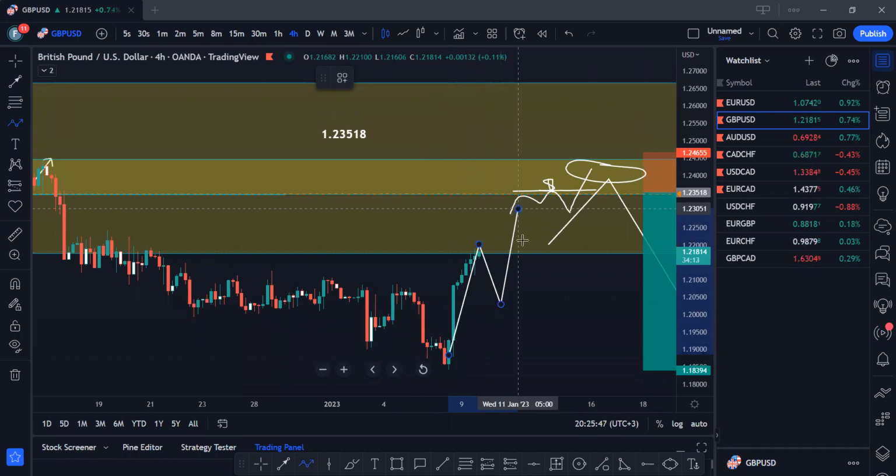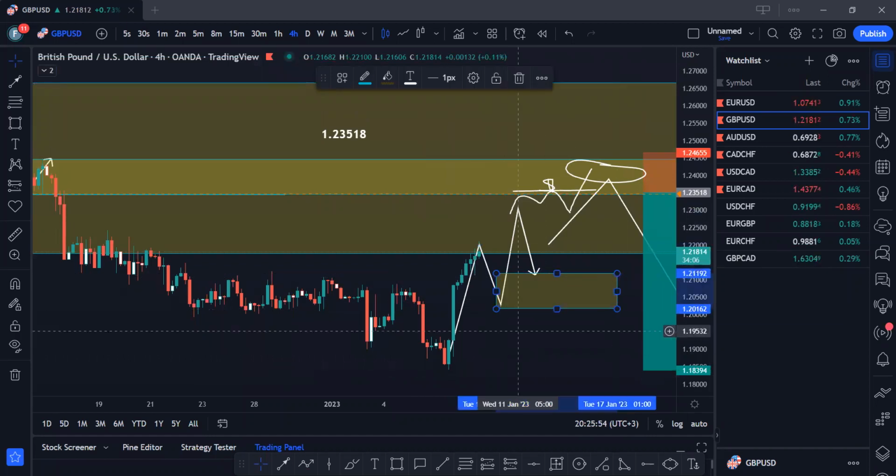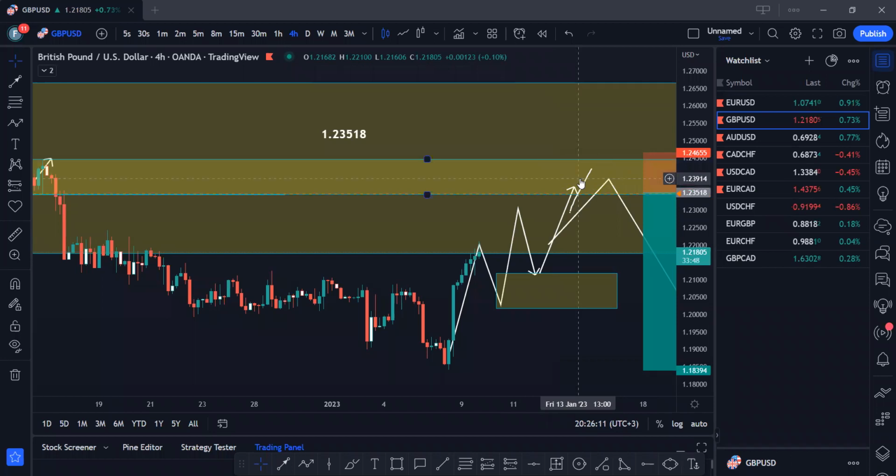So if price should retrace again like so, you want to wait for price to react in a demand zone, and then you buy the move into this supply. Oops, it's getting a lot messy. Hope that makes sense.